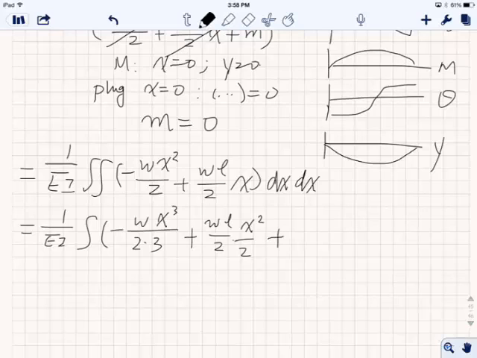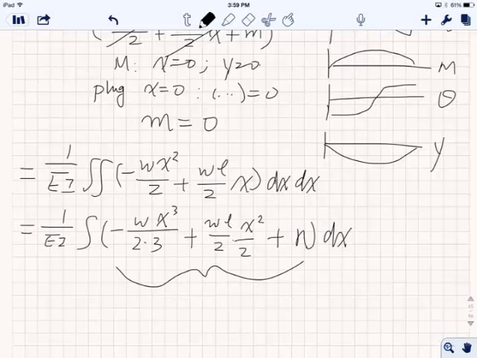And also, of course, you have another constant. Let's say that's another constant n. Now, whatever is inside this parenthesis, let's not consider the coefficient 1 over EI here.